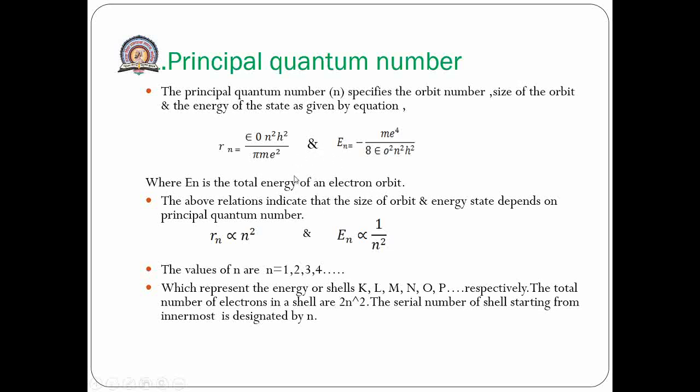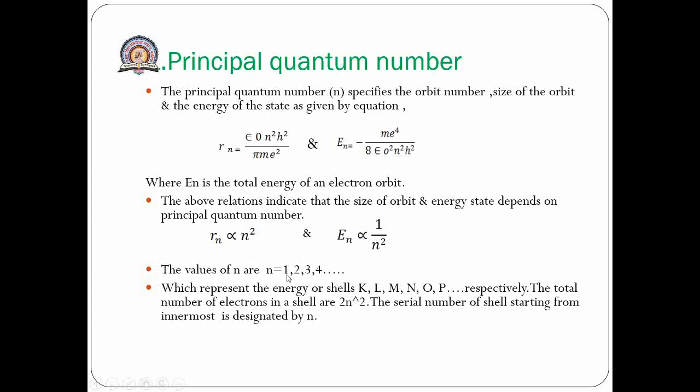From these two equations, we can say that the radius of an electron in the nth orbit is directly proportional to the square of the principal quantum number, and En is inversely proportional to n square.